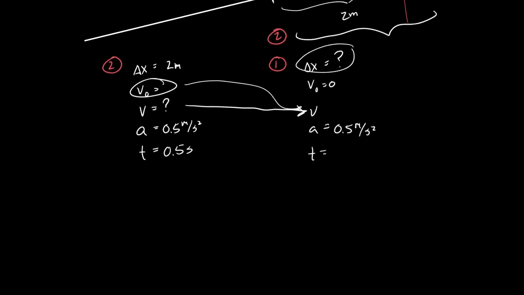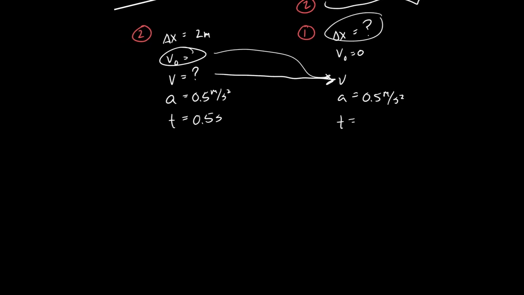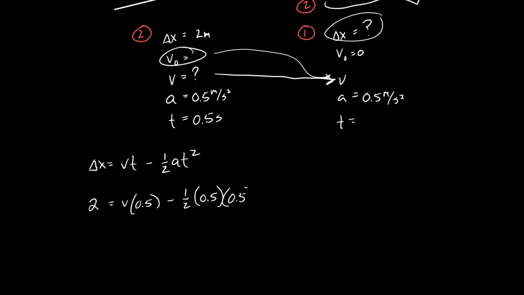I don't need the picture much anymore. So I'm going to use probably delta x equals vt minus 1/2 at squared. That good for you guys? So 2 meters equals v times 0.5 minus 1/2 times 0.5 times 0.5 squared.